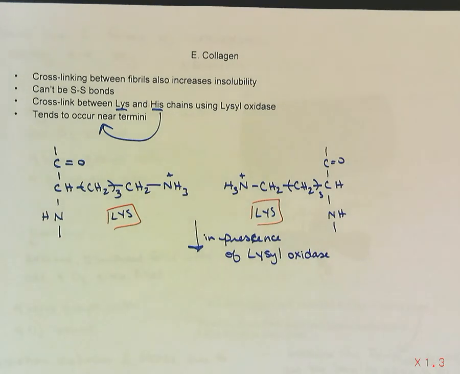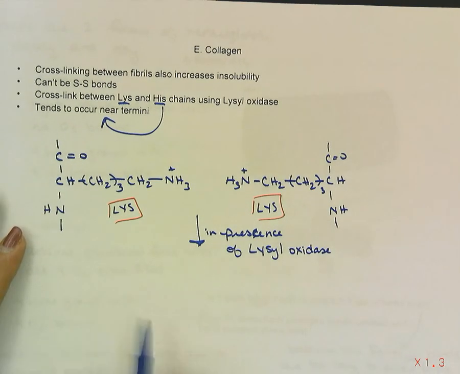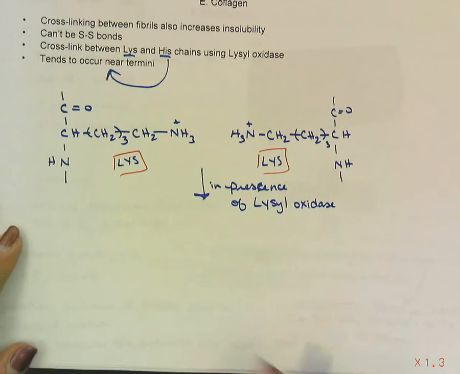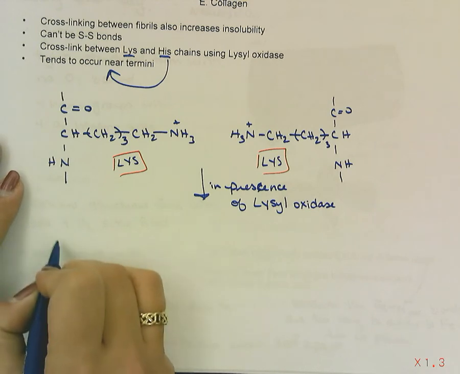So in the presence of lysyl oxidase, based on its name, what do you think that enzyme chooses to do? Oxidizes lysine. Good guess. Lysyl oxidase oxidizes lysine. And what it's going to be able to do, I'm just going to jump ahead, there's a bunch of steps in between, to the end of the oxidation.